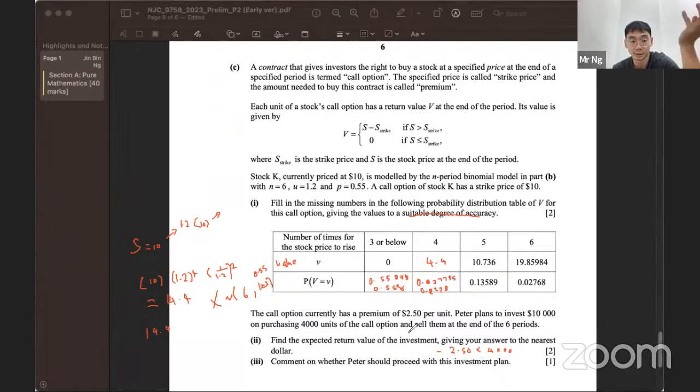If it rises 6 times, this will be the value, then times the probability.